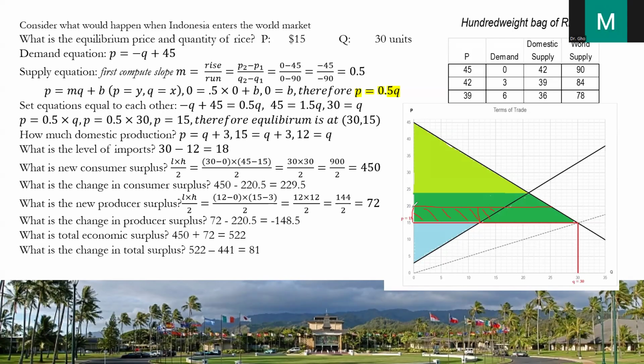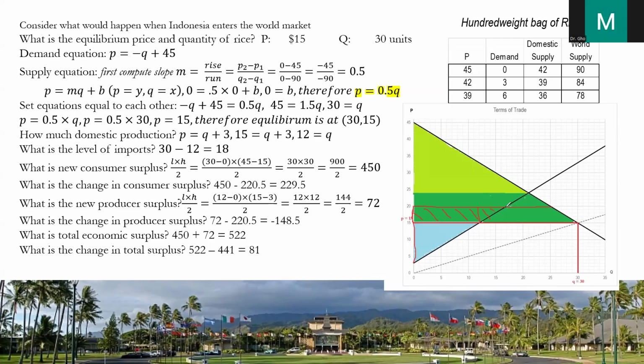Producer surplus is 20 down to 3, that's 17. It looks like they're selling 17 units. 17 times 17, and then you divide that by 2. That's going to give you 144.5. So that's part of the total economic welfare.